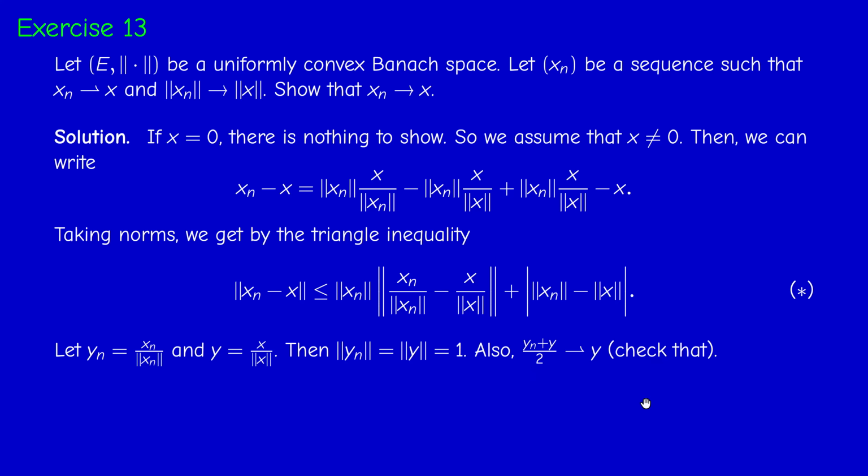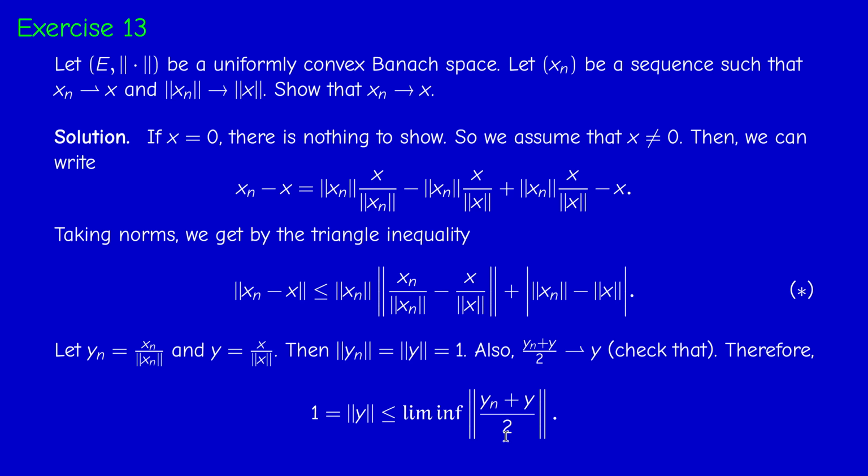Okay, therefore yn plus y over 2 converges weakly to y, and according to chapter two, the consequence of the uniform boundedness principle, the norm of the limit is less than the lim inf of the sequence. And once again we took the lim inf because we don't know yet that yn plus y over 2 converges.